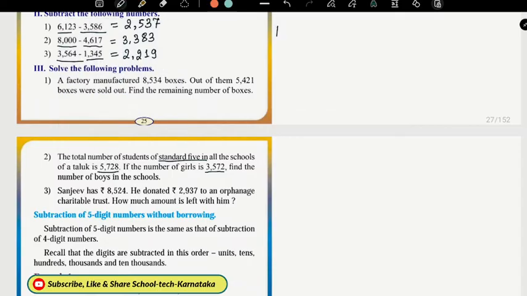So number of students in standard 5 is equal to 5728.